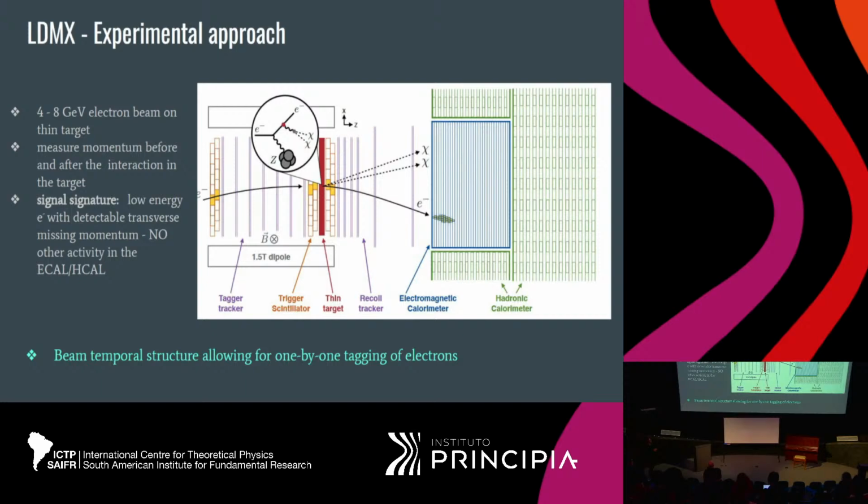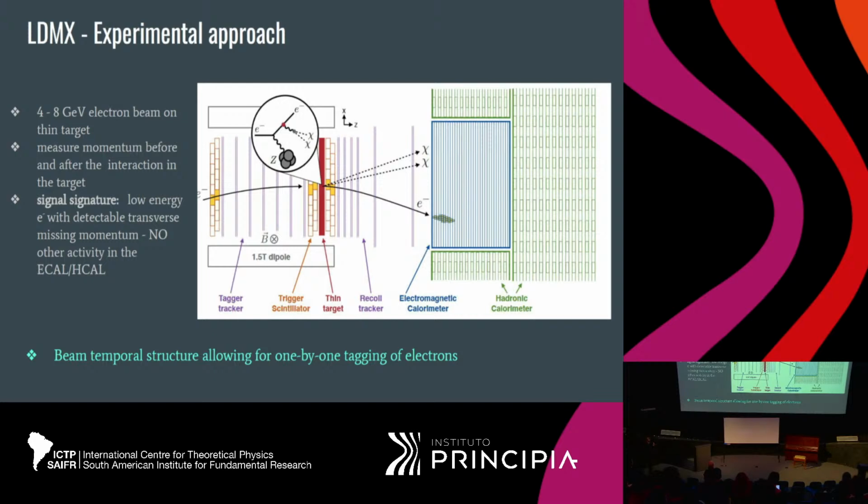The idea is always the idea of measuring a missing momentum, but it is a bit more sophisticated, because you don't measure the missing energy in an electromagnetic calorimeter, but you, again, as in the case of NA64mu, measure the momentum of the electron that you're using as a beam before and after a thin target.